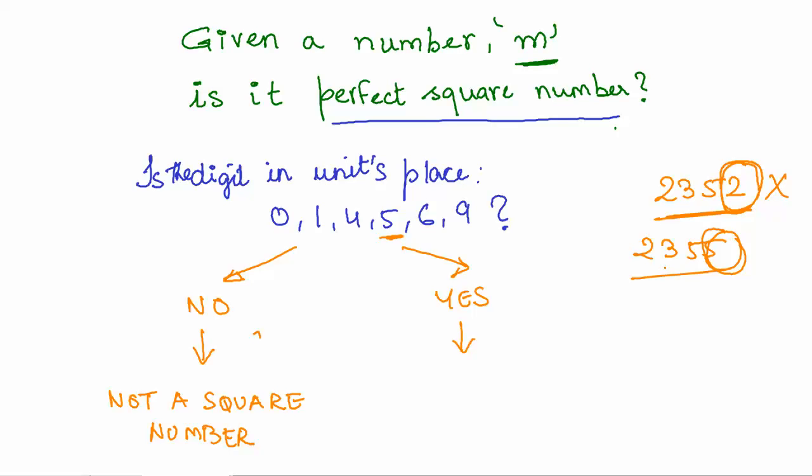Well, it isn't sufficient, and you will soon figure out why. So if we find out that the digit in the units place is one of these 0, 1, 4, 5, 6 or 9, then it could be a square number or it could not be.